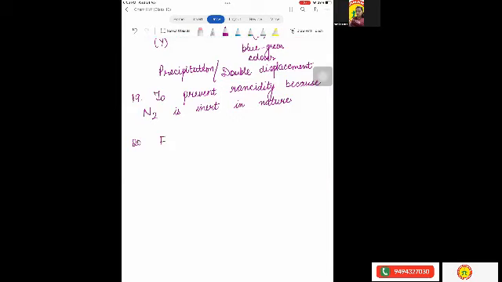The reaction is Fe plus O2 plus XH2O. This gives rise to Fe2O3 dot XH2O. This is discussed. This is the balanced equation. Then, what is X?